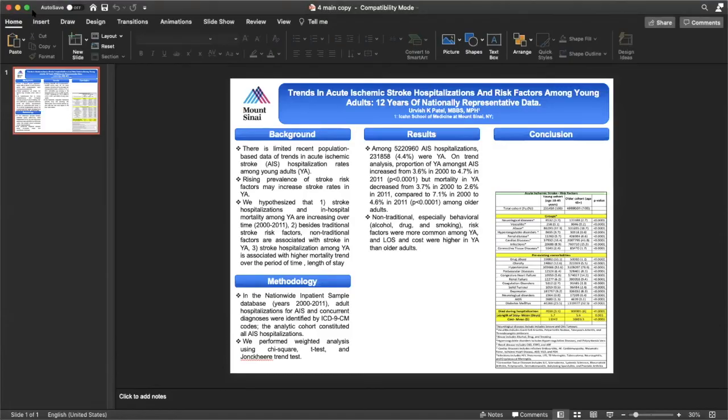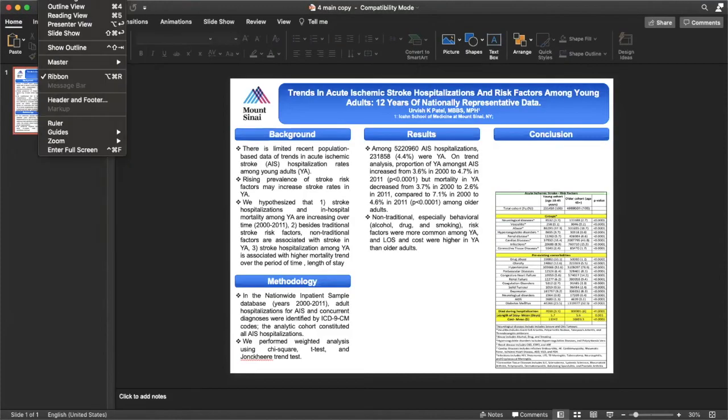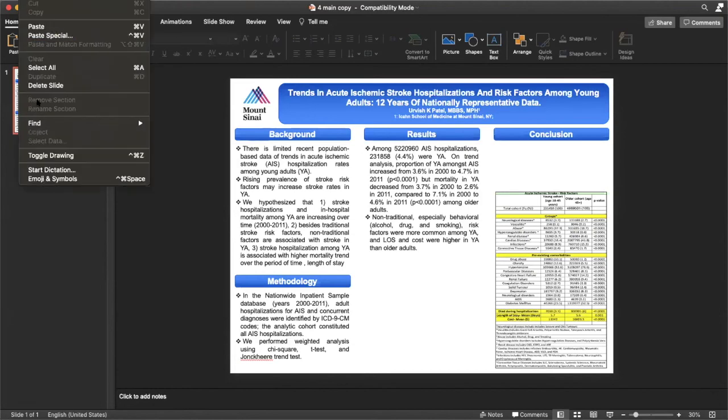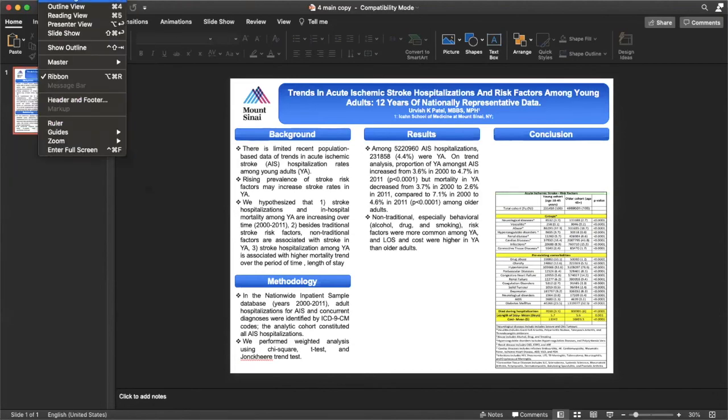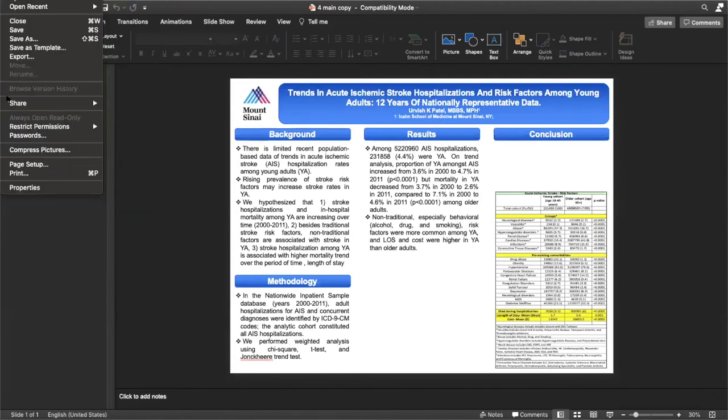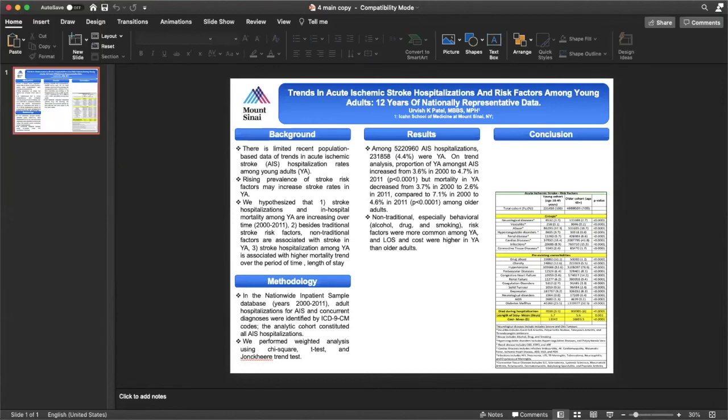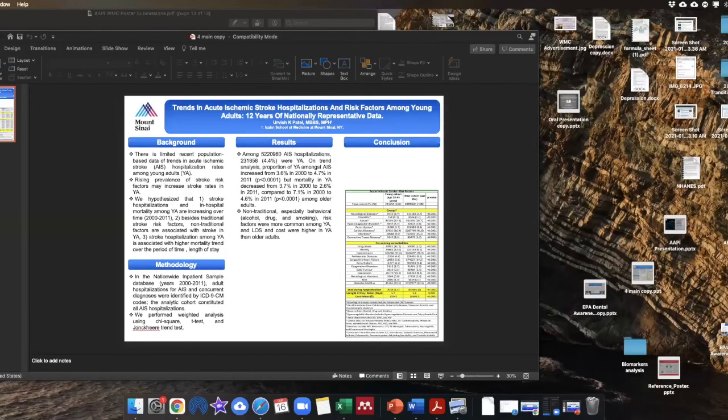Here, click this button, export view. Here, file. Oh, you cannot see probably. Yeah, I think now you can see.